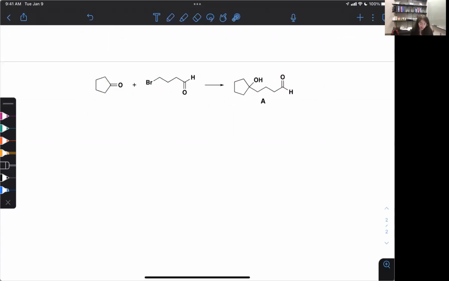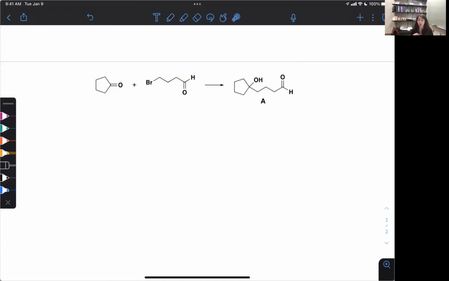So that means that this could just attack here. It could also, while you're making your Grignard, attack another aldehyde and give you a humongous mess.